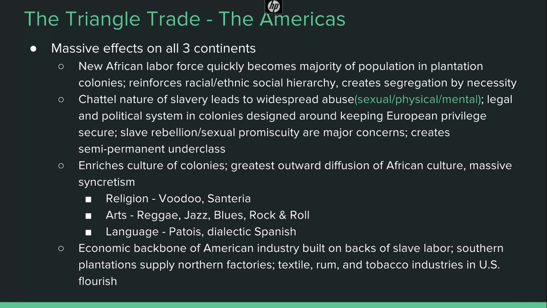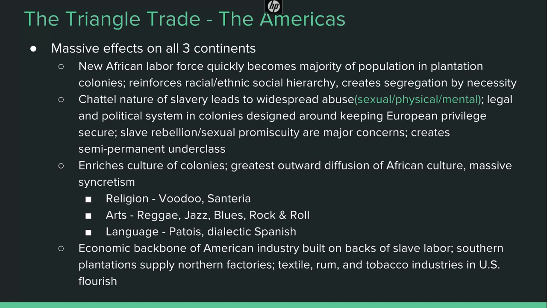Slave rebellions and sexual promiscuity between the white and black population are major concerns of the white slave and plantation owners, and laws are written in order to prevent those kinds of things from happening.